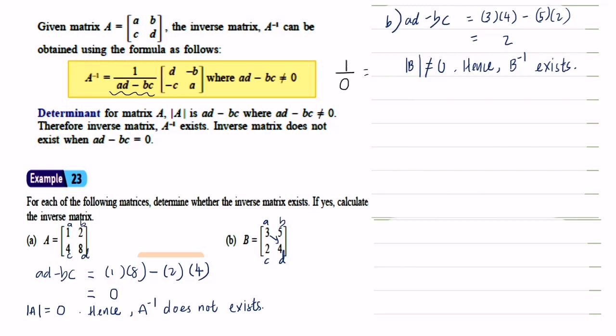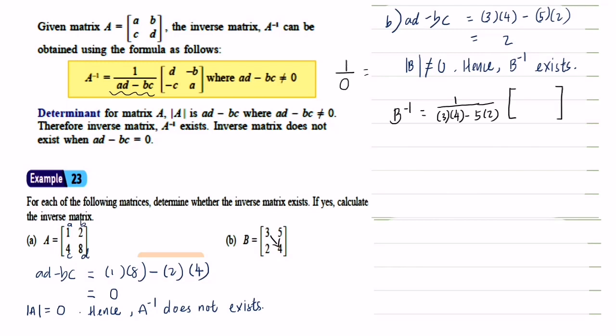Okay, so now we want to find the inverse matrix of B by using formula. So, inverse matrix of B, 1 over, normally I will draw an arrow here, means I start from number 3 times 4 minus 5 times 2, in the bracket here.